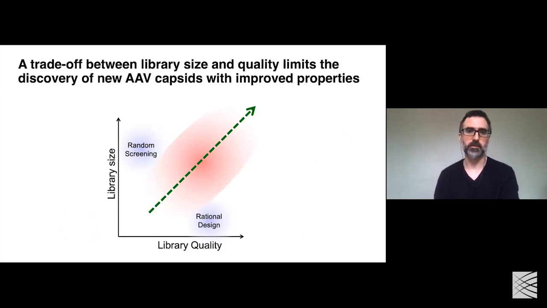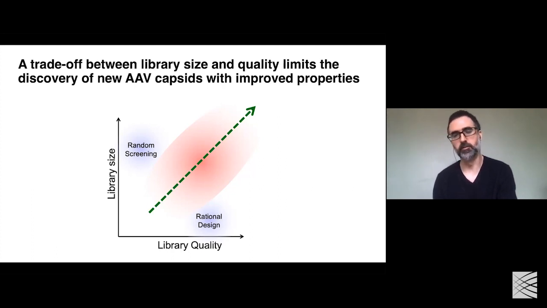So that leads you to this trade-off. Because random libraries are typically low quality, the advantage they have is that you can make a large number of random variants. But because the quality is low, that decreases the expected value of finding something interesting within that library. On the flip side, with rational design, either reading the literature or using very detailed biophysical models, maybe you can predict changes which will be more likely to function.